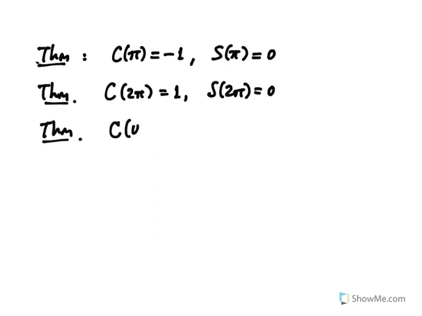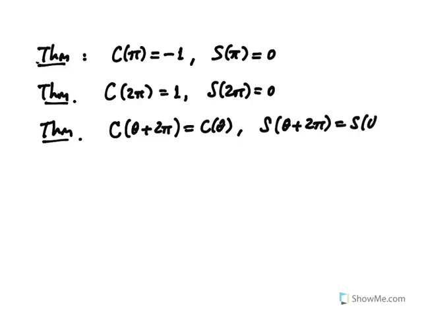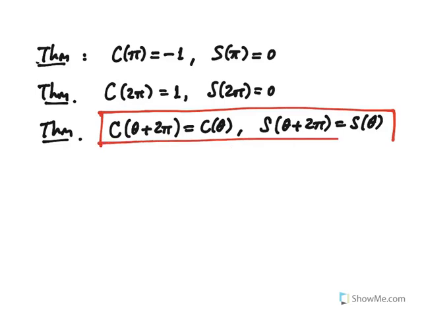And then we also have these periodicity laws, where if we add 2 pi to the input, it doesn't change the value of either capital C or capital S. Okay, so this is a very important general law called the periodicity law.